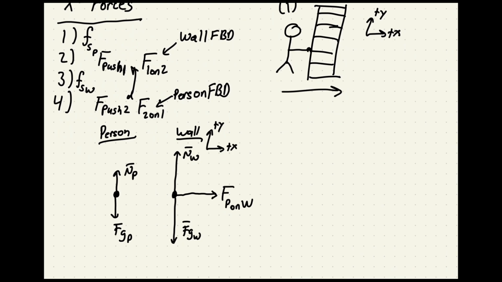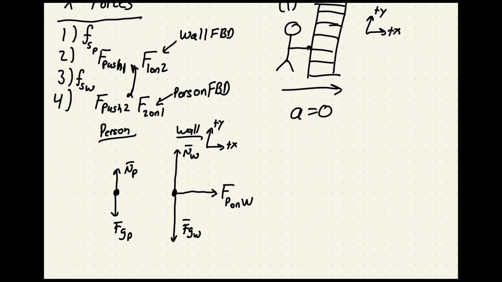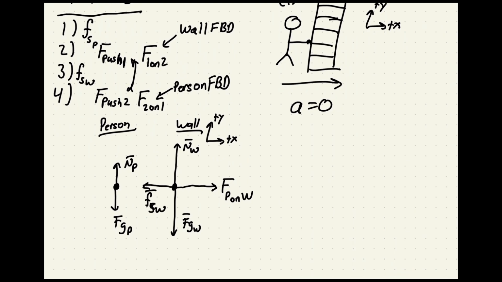We also know that our acceleration is going to be 0 at this point because we're still in static friction. We still haven't reached the maximum static friction, but we are at that very edge, this critical point where it switches over from static to kinetic. So we're not actually moving just yet, and that means our friction force, Fs sub W, is going to be in the opposite direction of our F of P on W force, and it will be the same magnitude.